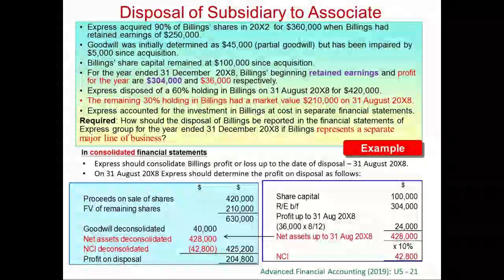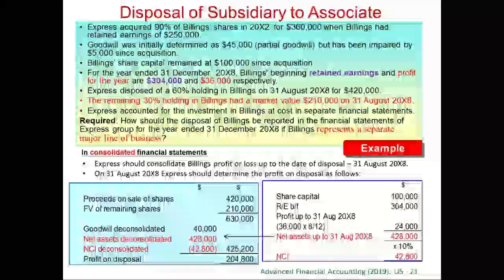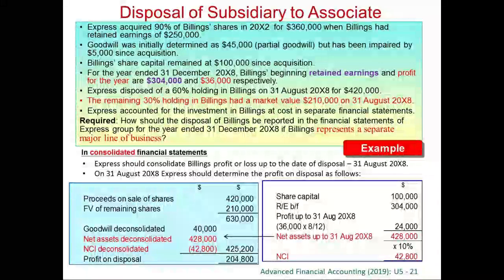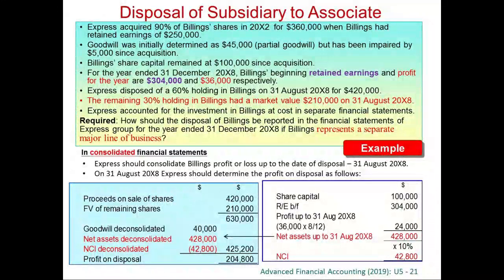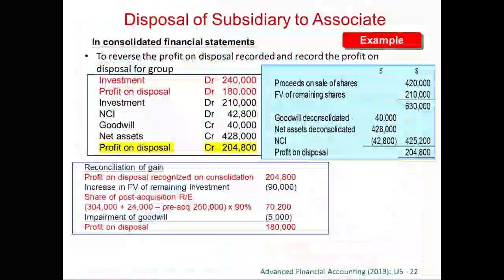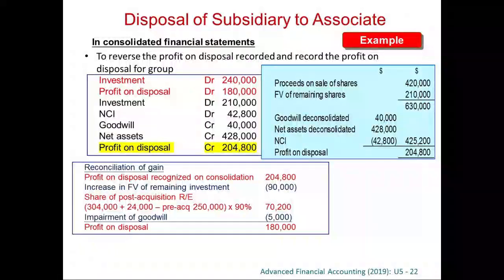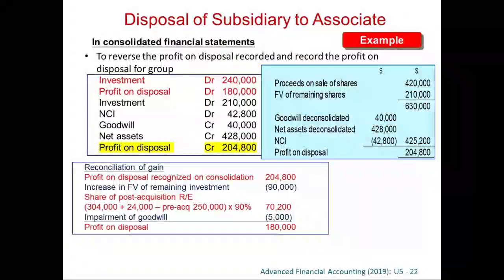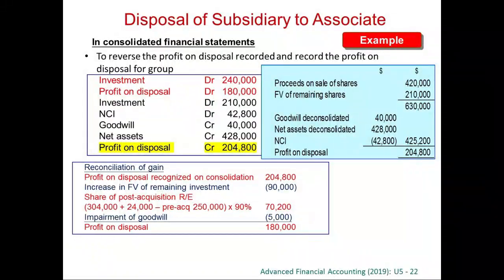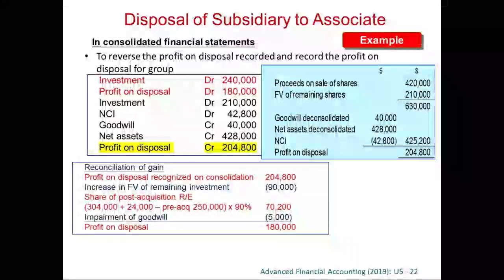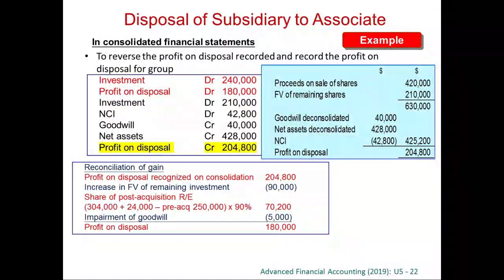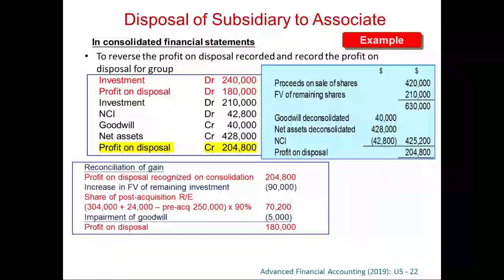If you are using cost method, you don't have this goodwill impairment. But on consolidation, you got this goodwill impairment. So the difference of profit recognition is also affected by this 5,000. So under consolidation, you accelerated the recognition of profits by 70,200, but because of the goodwill impairment, it has been reduced by 5,000. Okay?